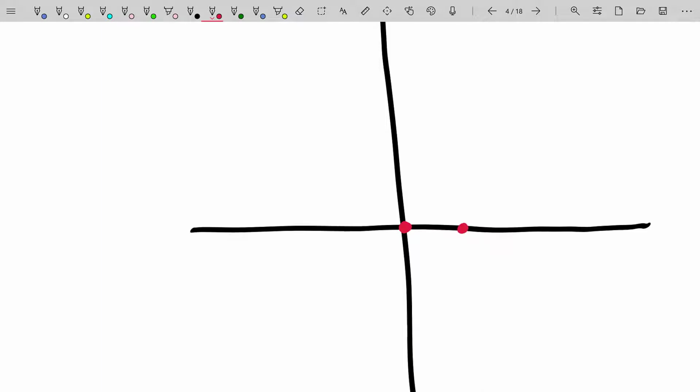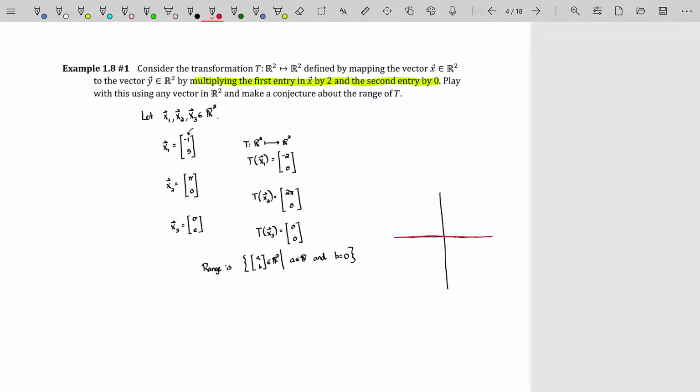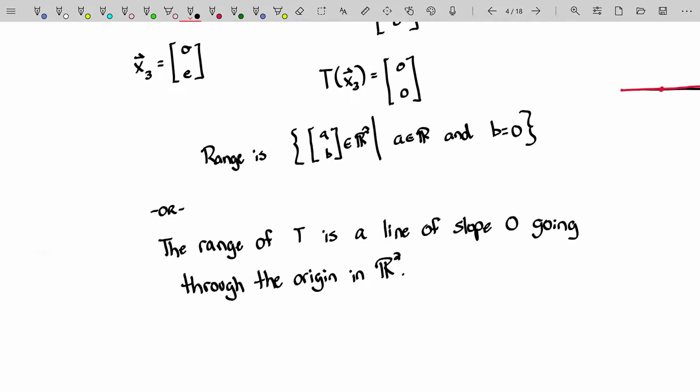The second entry would still have to be 0. The first entry could be -10, but the second entry has to be 0. No matter what, you're going to have vectors land on this horizontal axis. So this is actually the line going through the origin having a slope of 0, or basically the x-axis in R squared.